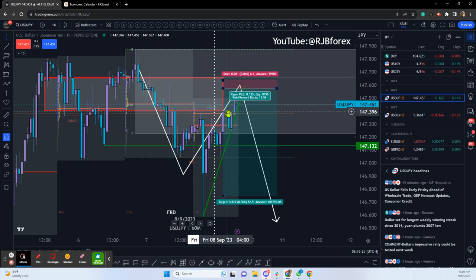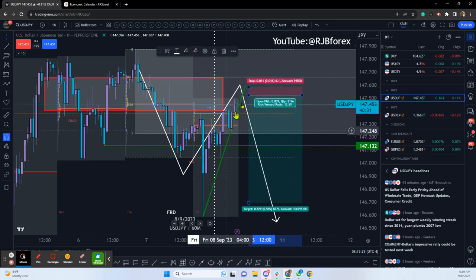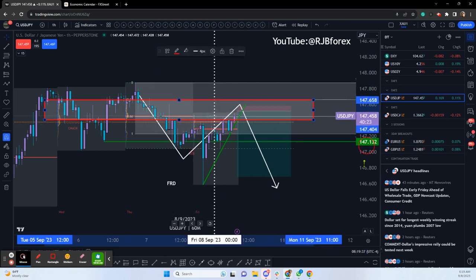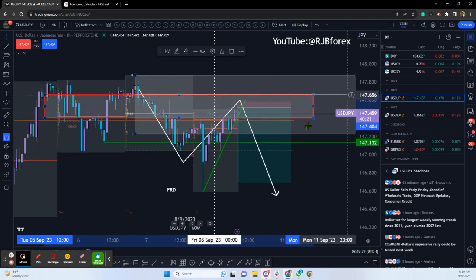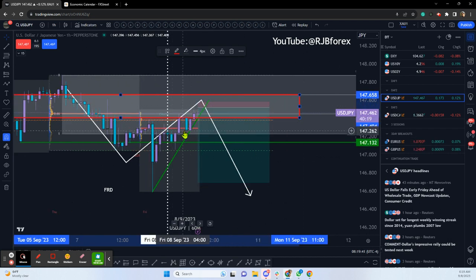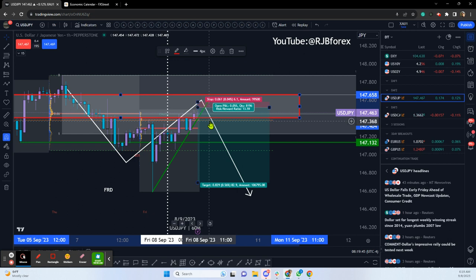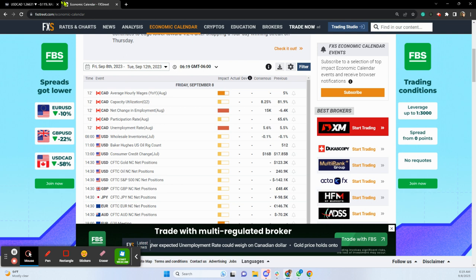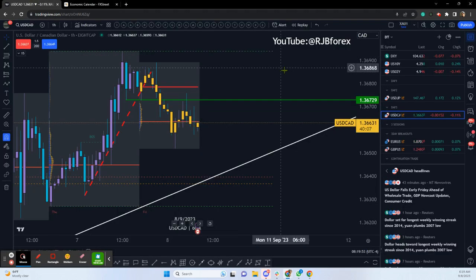I don't know how high it's going to come up, but the thesis is for a short in dollar yen as we come up into resistance. So what we'll be doing is monitoring this for a break of the trend line and bearish structure to short. How long have we got into this data now? 10 minutes? 12 minutes. Dollar CAD. Data coming up.